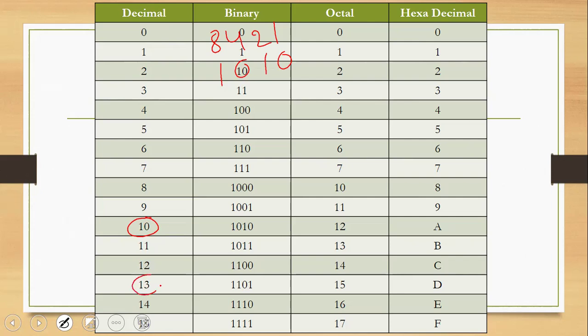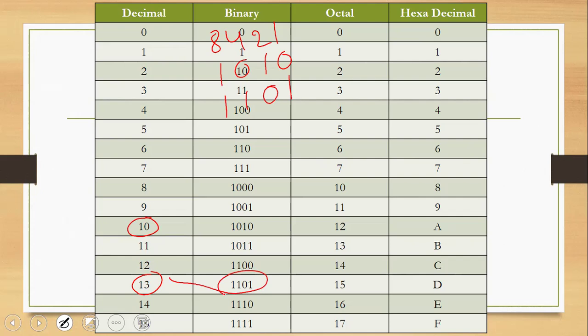For example, if you want to go to 13, you can represent it first with the maximum value, which is 8, and the remaining is 5. And 5 is a combination of 4 and 1. So here comes 1101. This is the simplest technique to remember initially.